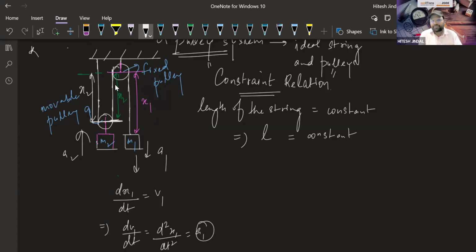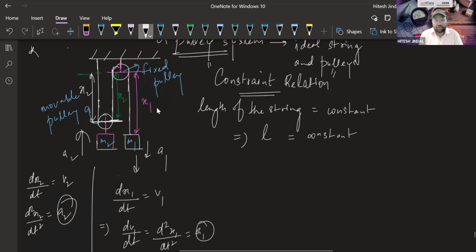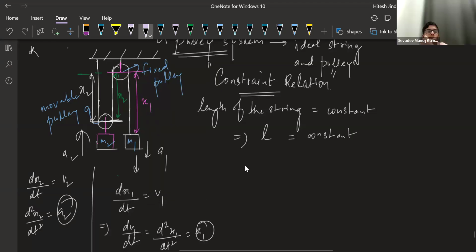It will decrease. Getting it? Can I say that dx2/dt is equal to v2 and d2x2/dt2 is equal to a2? Tell me if you have understood this. Yes, sir.